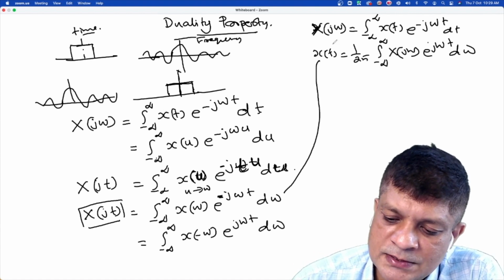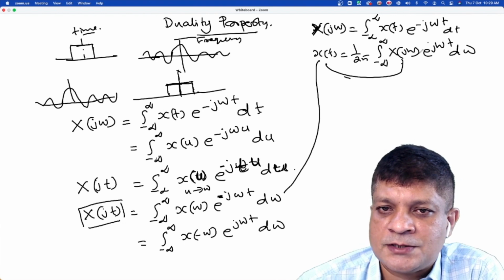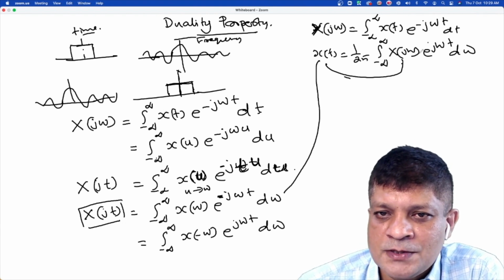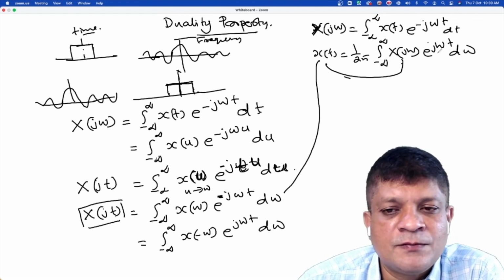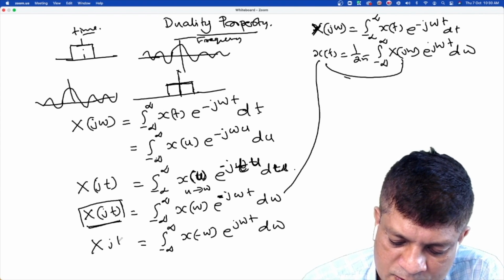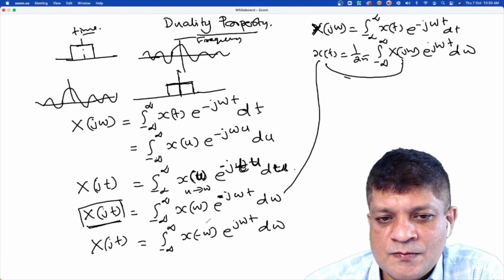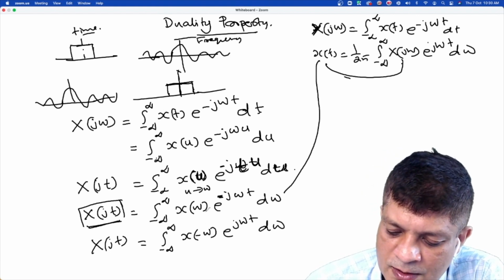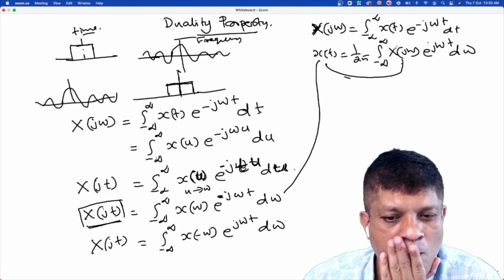Here, if x of t is a signal and X of j omega is its Fourier transform, then this is the relation: 1 upon 2 pi into this inverse Fourier integral. Here this is the time domain function, X of jt. Now tell me what the Fourier transform of this is. Its Fourier transform is 2 pi into X of minus omega.